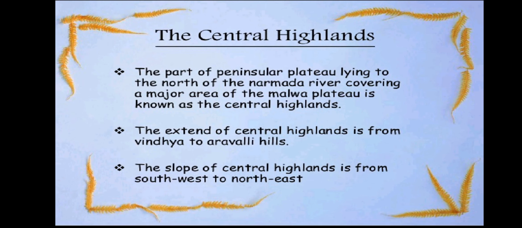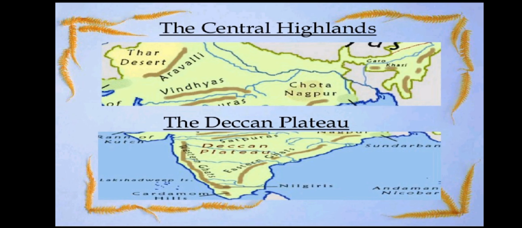Now, first of all, let us discuss the Peninsular Plateau. It is also known as the storehouse of minerals. The Peninsular Plateau is formed by igneous and metamorphic rocks due to volcanic activities. Major metallic minerals like iron ore and coal deposits are abundantly found in this region.